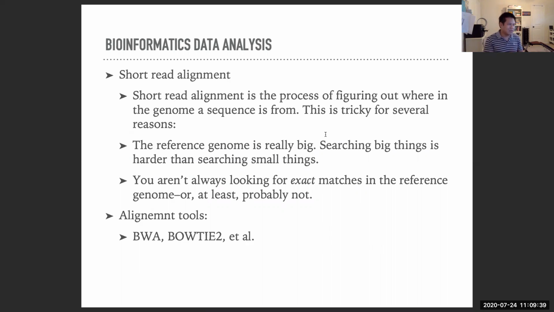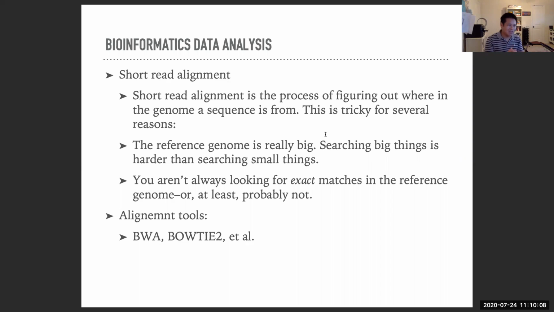First, the reference genome can be really big, right? If it's a human genome, it's 3 GB, and it's going to take a long time to search. If it's a plant genome like wheat, it's even bigger, like 16 or 17 GB. So it's going to take a lot of time to search for small things. And the program will not be looking for exact matches, because there will be variations.